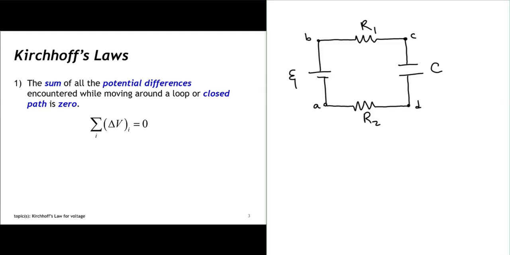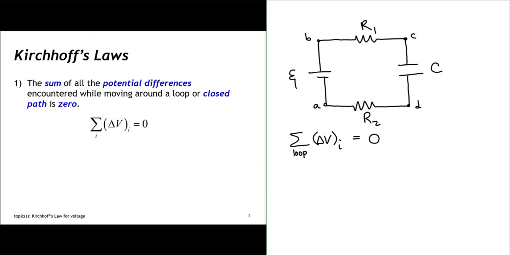Now, each one of these has a certain amount of potential difference across them, and we're going to learn what they are in turn. But Kirchhoff's law says when we go in a complete loop and add up all of the potential differences between successive pairs of points, those potential differences sum to 0.